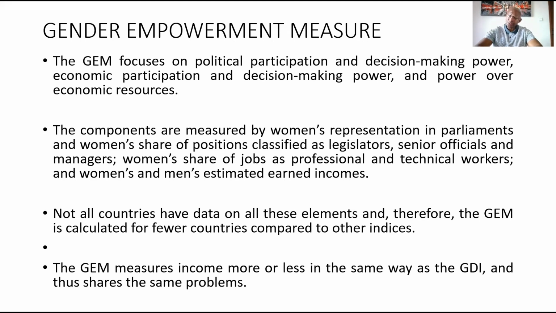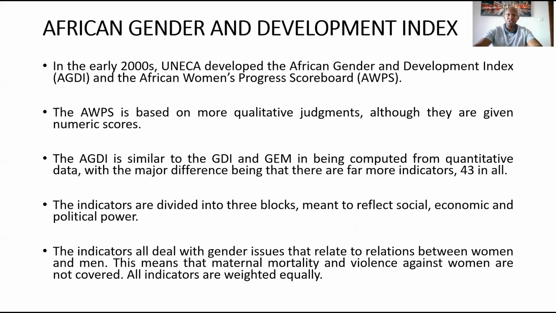And not all countries have data on all these elements, and therefore the GEM is calculated for fewer countries compared to other indices. The GEM also measures income more or less in the same way as the GDI.